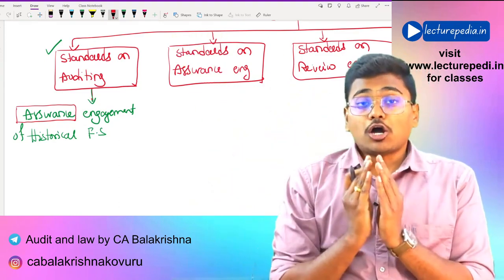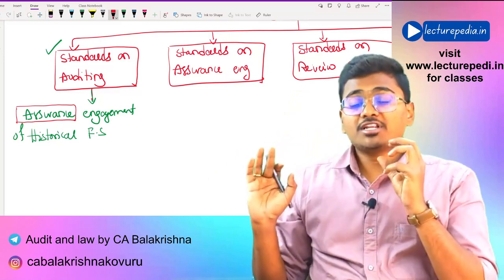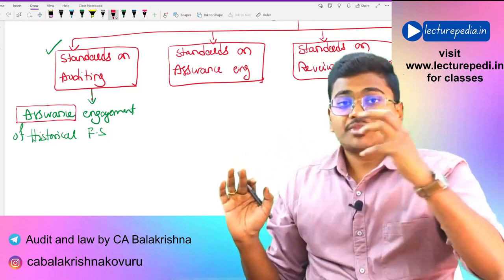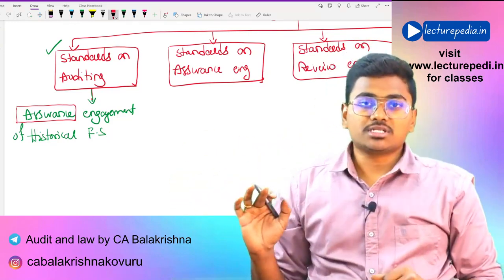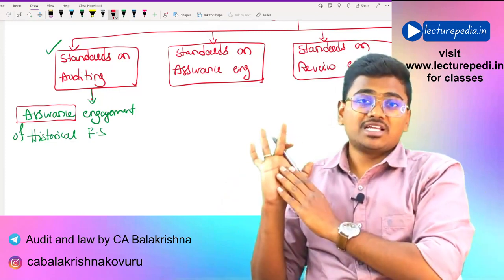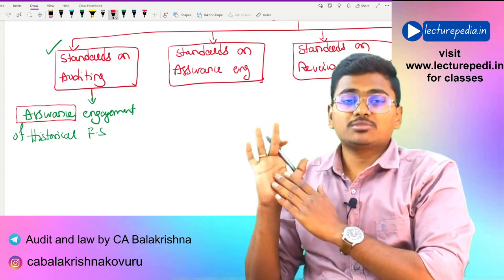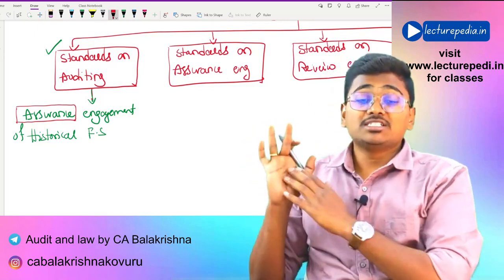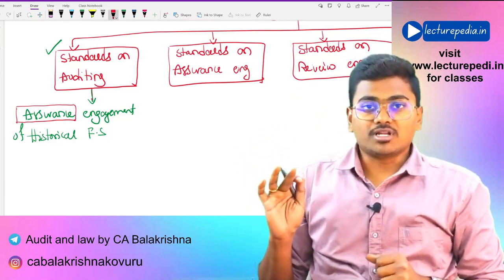The auditor, by auditing these financial statements, will give confidence, or assurance, to the users of financial statements, stating that these financial statements are free from material misstatements, show a true and fair view, and have been prepared as per the applicable financial reporting framework.